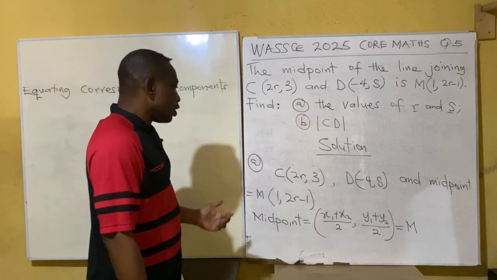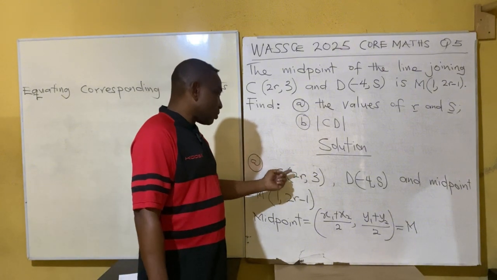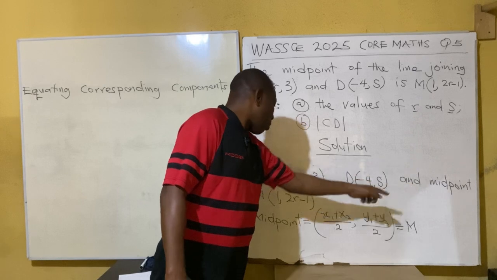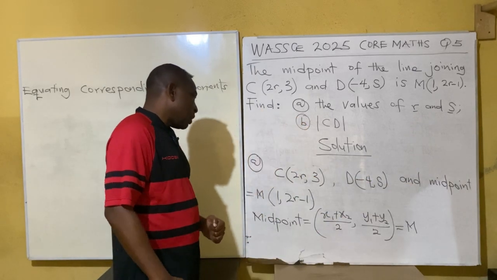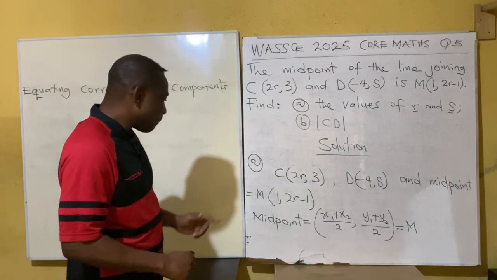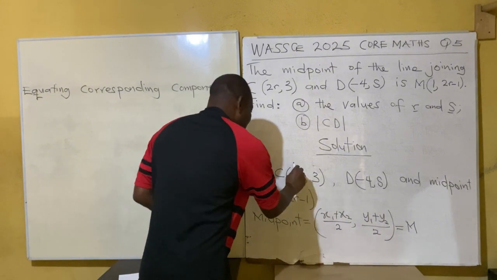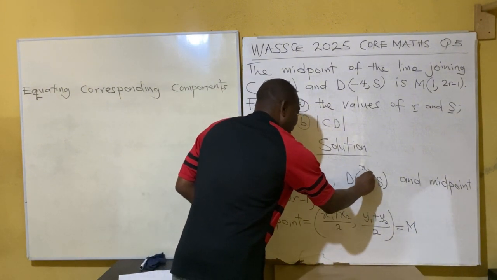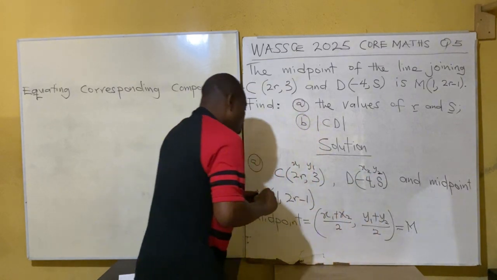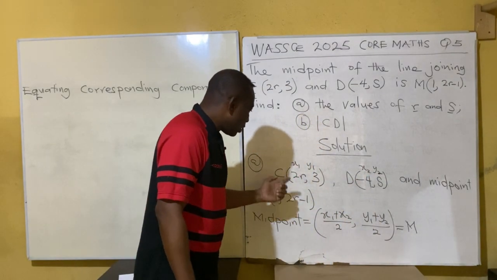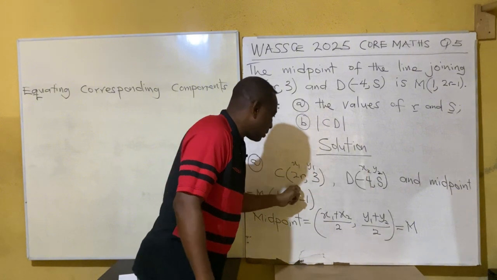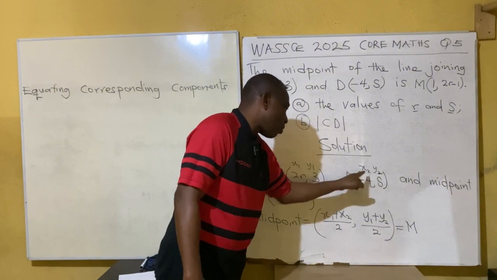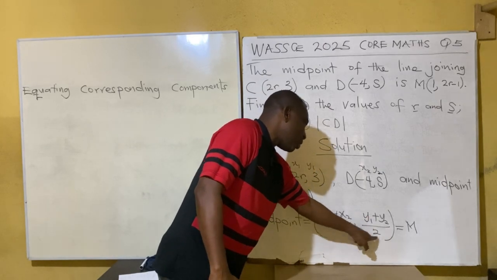So, solution. You have to write the coordinates as you see on the board: coordinates of C, coordinates of D, and then the coordinates of the midpoint. To determine the midpoint, let's say (x1, y1) and (x2, y2), the midpoint is always adding the x components divided by 2, comma, and then adding the y components and dividing by 2.